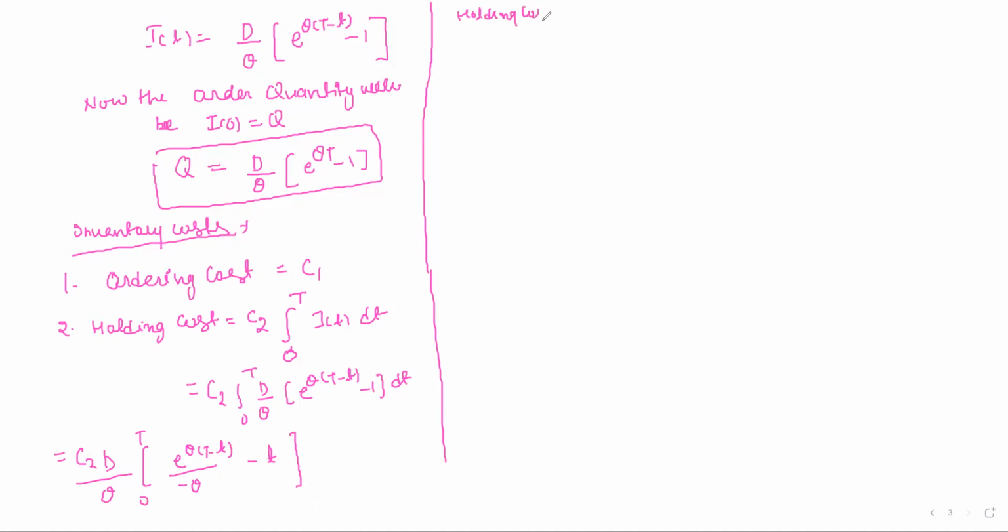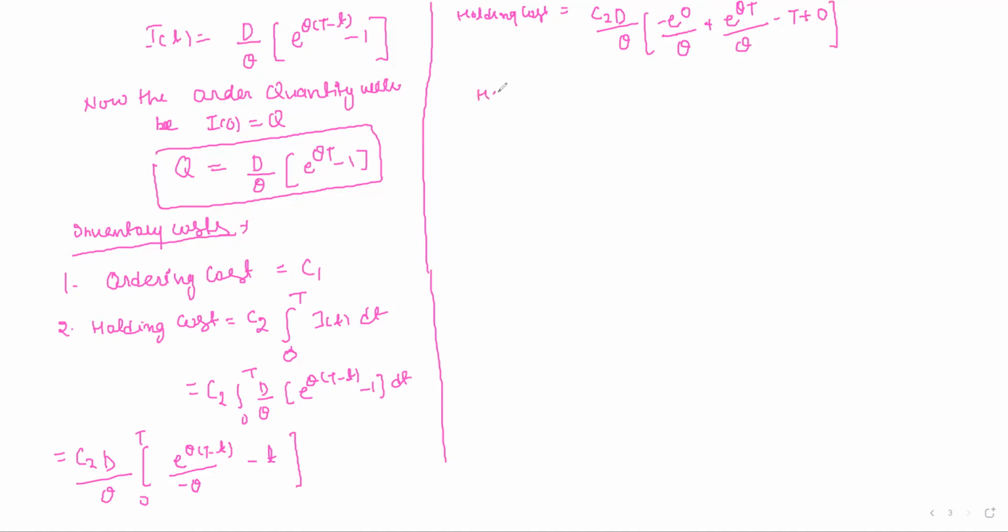Holding cost equals, after solving it, C2 d upon theta, and when we apply the upper limit, it will become e to the power theta t upon theta, minus t, and when we apply the lower limit we get plus 0.